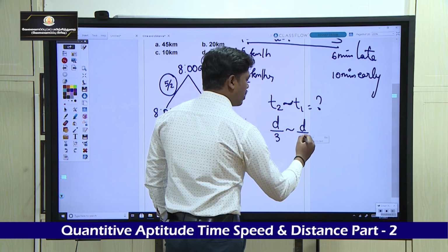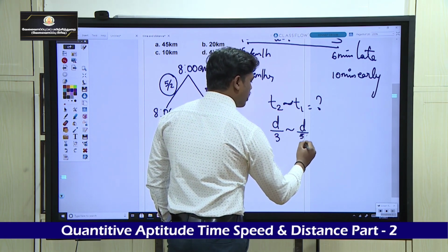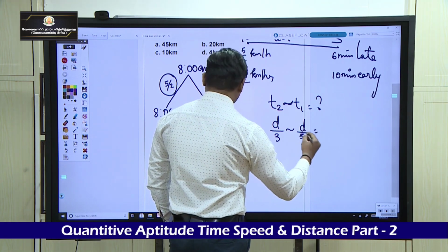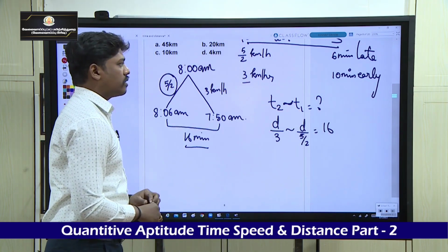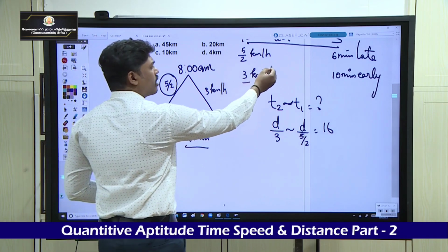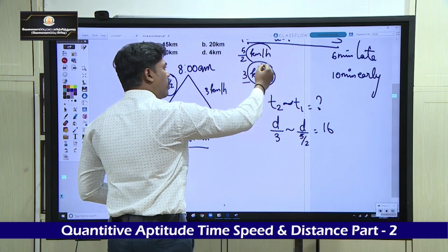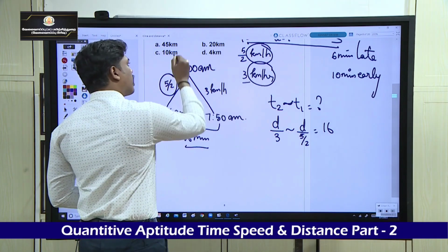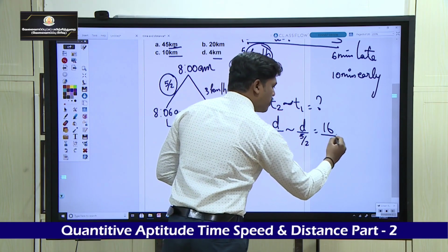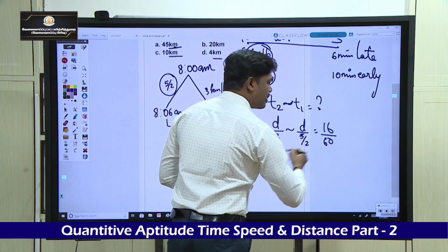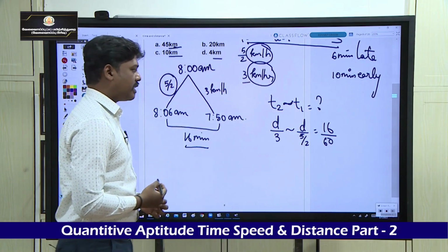Speed is 5/2. So, write 5/2 and the difference is 16 minutes. Okay. So, look at the units here, all are kilometer per hour and the answer part is in kilometer. So, convert minutes into hours. So, divide by 60.